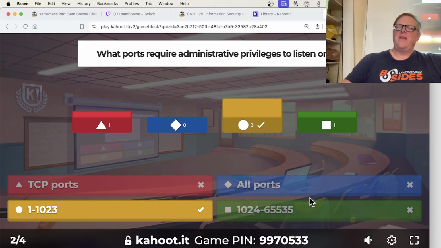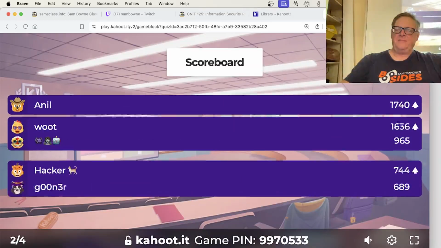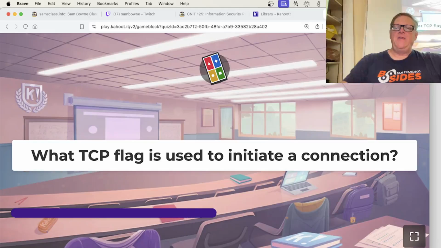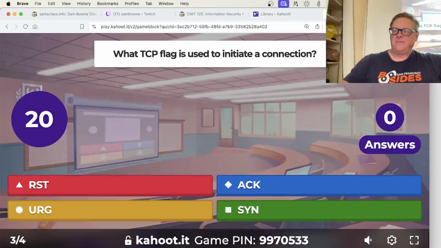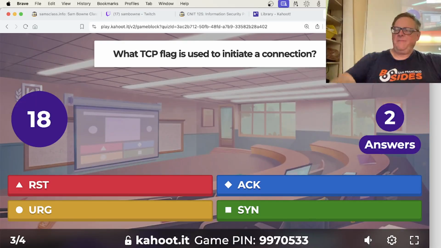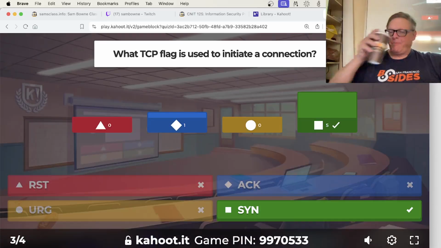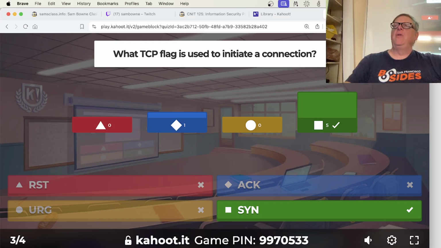The others are for less important things like games and stuff. All right, what flag is used to initiate a connection? SYN. You send a SYN, then hopefully the server will reply with a SYN-ACK.